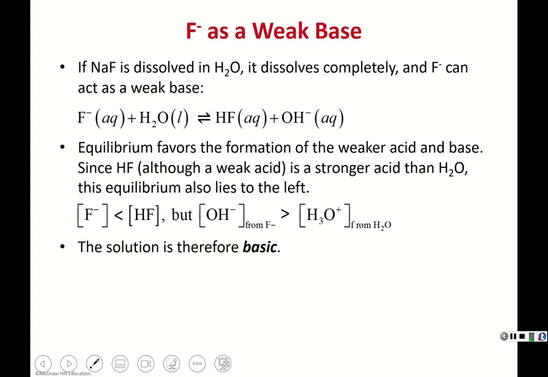Okay, so if we think about equilibrium favoring the formation of the weaker acid and weaker base, since HF is a weak acid, it is a stronger acid than H2O. This equilibrium also lies to the left, so the equilibrium is going to lie towards this direction.